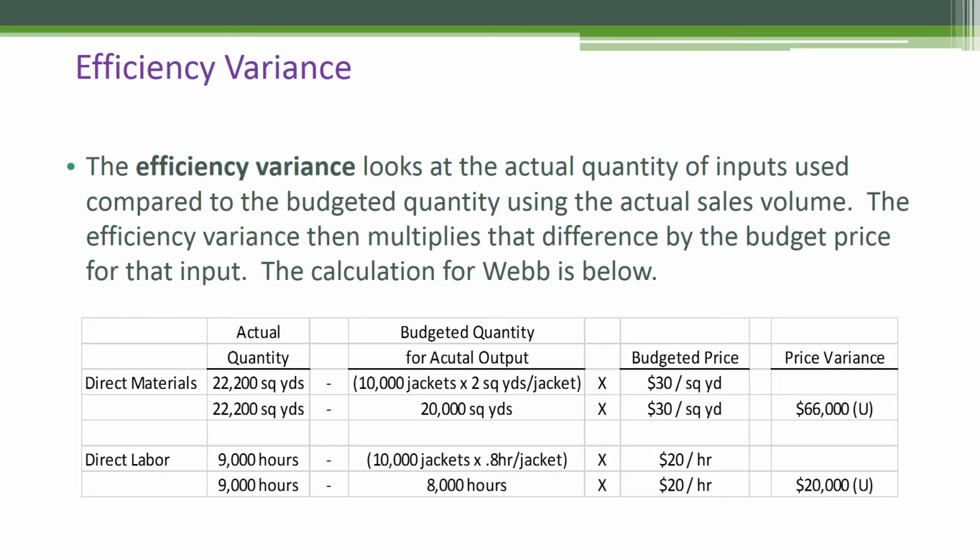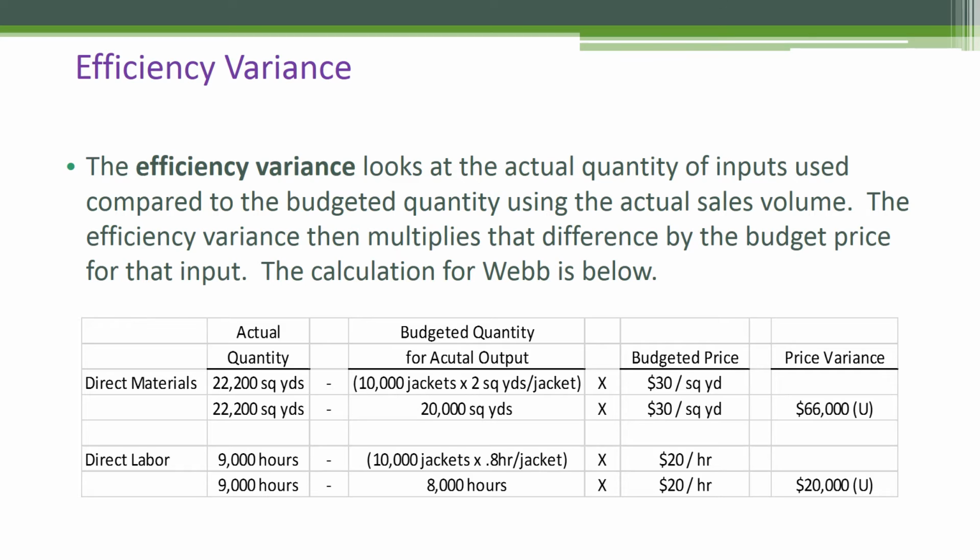For direct materials, we have 22,200 actual quantity yards used. The budgeted quantity had been 2 square yards a jacket, and using our 10,000 jackets, that would be 20,000 square yards. The budgeted price is $30 a square yard.